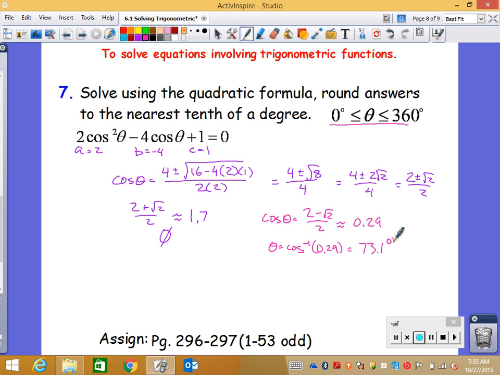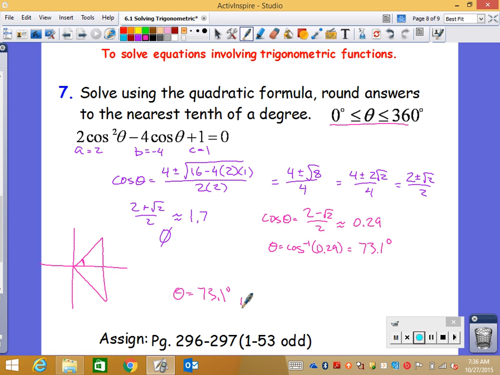So let's think about where I'm at here. What are the two quadrants where cosine is positive? Using all students take calculus, I'm in quadrant 1 or I'm in quadrant 4. So this is my reference angle here for my quadrant 1. So one of my angles, theta, is going to be 73.1 degrees, your reference angle.